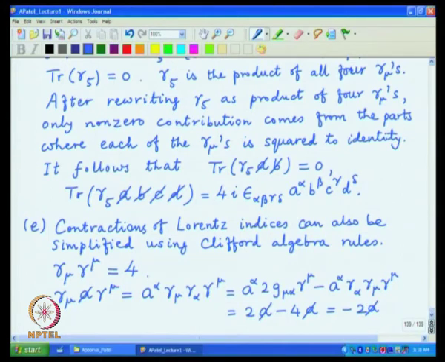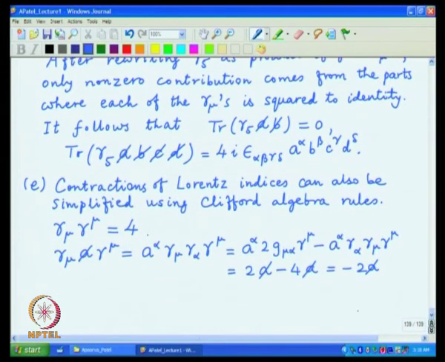So, the procedure now can be repeated for higher string operators. Let me work out one more example where there are 2 of them in between. I will rewrite this using the same logic.